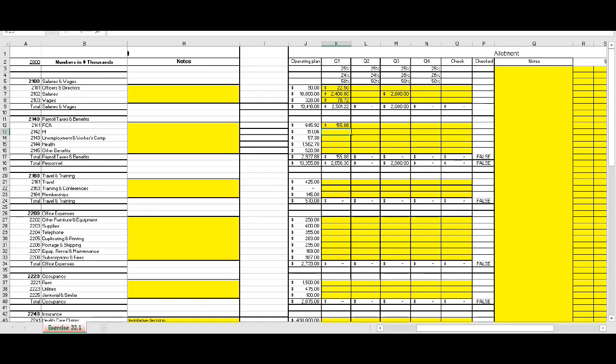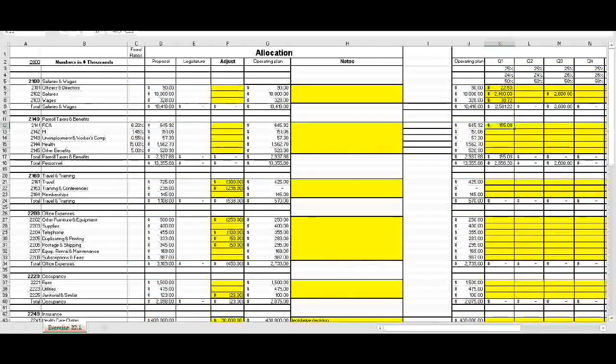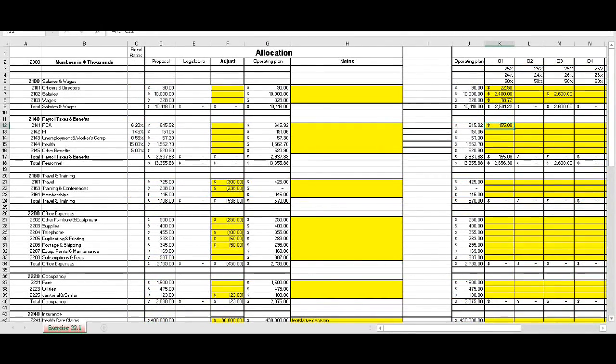There. All right. And so FICA for the $2,501.22 a month for the officers, directors, salaries, and wages adds up. It's 6.2% of that. So in the first quarter, you're going to owe $155.08 being FICA share. See, FICA at 6.2. Now overall, you're estimated to be 645.92.